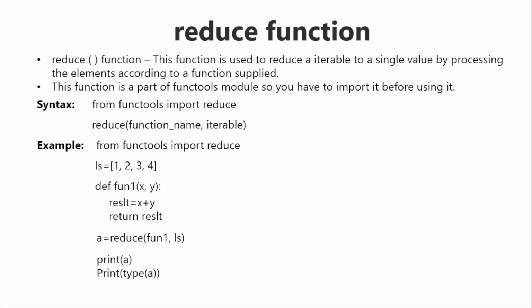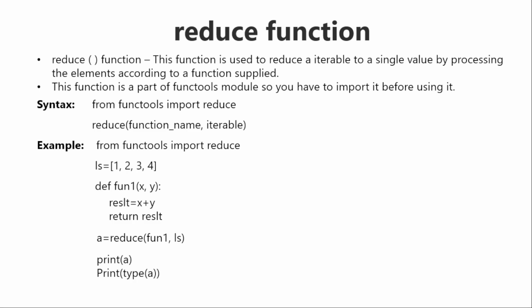In the example, I have clearly mentioned how you need to do all these operations. Before starting with the reduce function, you need to import it from functools. So I have written from functools import reduce. Then ls is equal to 1, 2, 3, 4, which is the iterable, and we need to reduce it to a single value with the help of the reduce function.